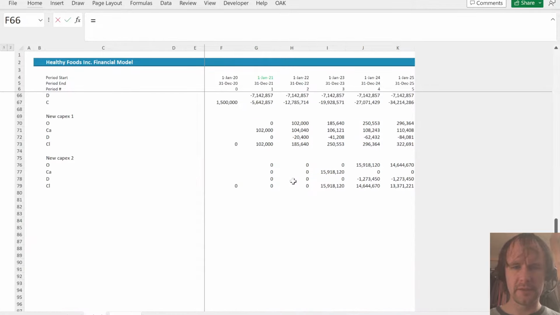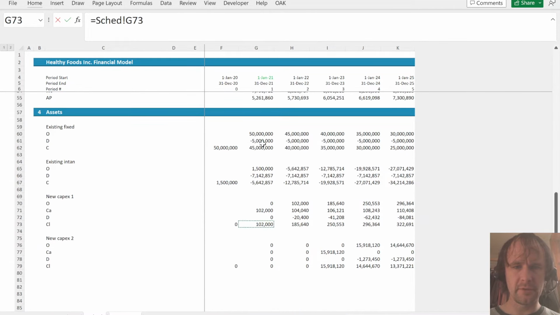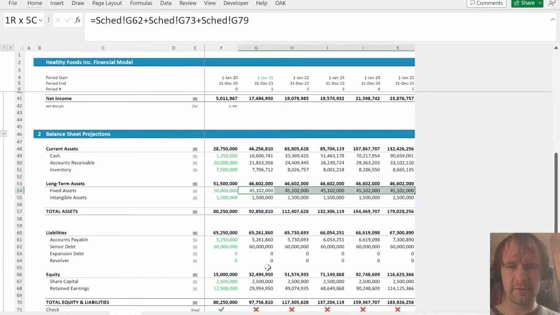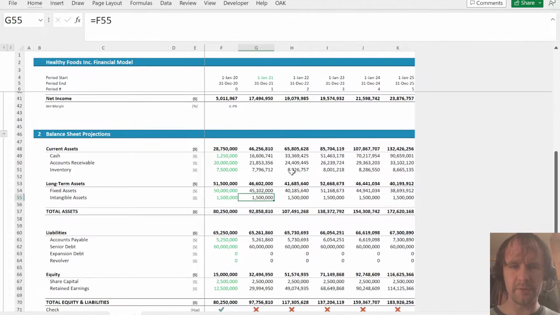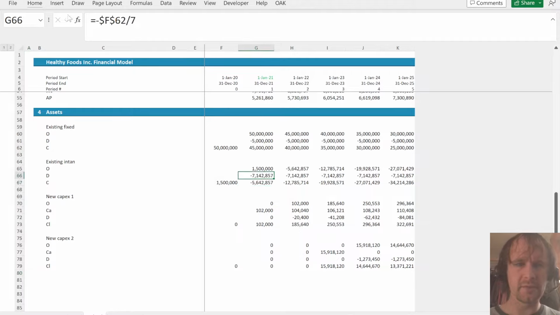Fixed assets are going to be the original fixed assets plus the new fixed assets. Are these both going to fixed? Yes. So plus both kinds of new fixed assets. Carry that across. Balance sheet doesn't balance anymore. We'll come back to that. Intangibles. Where are we here? What? Oh, that's definitely wrong. Must have locked something. Yes, I did lock something that I should not have.